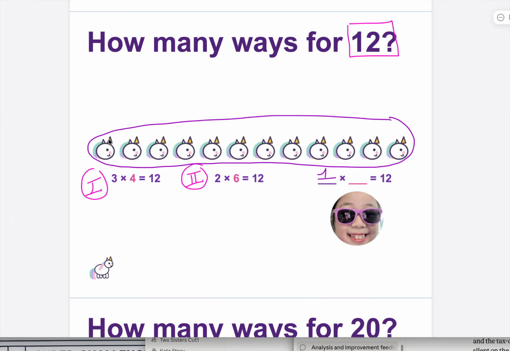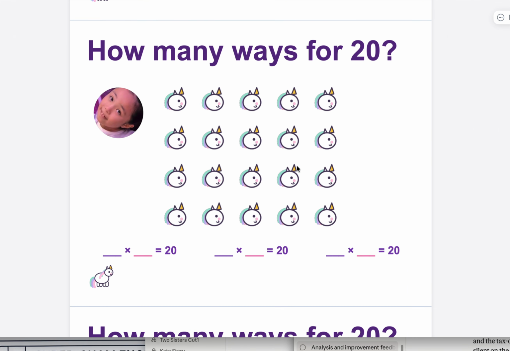If you count the number of unicorns from here to here, all those unicorns, well, there's 12 unicorns. So that's 1 group of 12 unicorns. So 1 times 12 is equal to 12. That's how we show 3 different ways of making equal groups of 12. So that's 1, 2, 3. You got that, Kate?